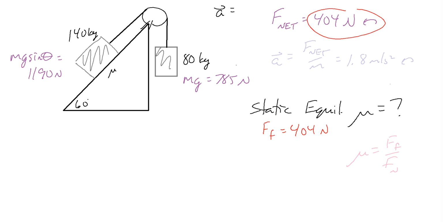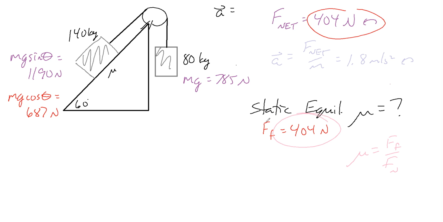But I can find my FN because that would just be the mg cos theta for the box on the ramp. So if I do the 140 times 9.81 and I times that by the cos of 60 degrees, I get a normal force of about 687 newtons. So that would be my FN.